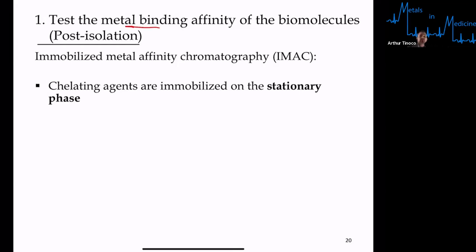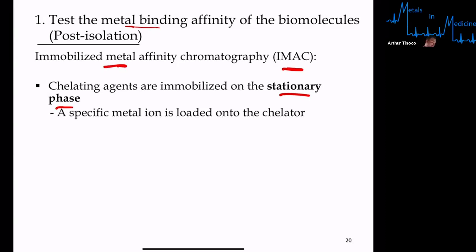So one tool, and Oscar can tell you all about this, is immobilized metal affinity chromatography, which is abbreviated as IMAC. All right, so this is a type of chromatography, and as the name implies, it is an affinity chromatography. And also, as the name implies, it involves a metal. Here, what you have on your stationary phase is a chelating agent. This chelating agent is there because it's going to chelate a metal that we're interested in studying.